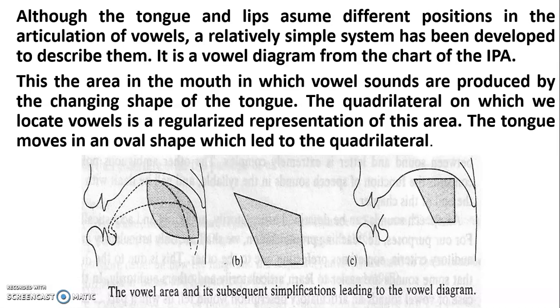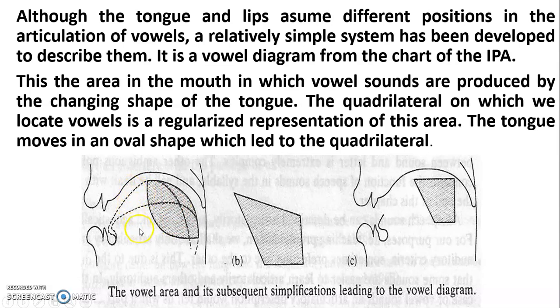Of course, this diagram is imaginary. So we have to imagine that inside our mouth, our tongue will move up and down, backwards and forwards to produce the different vowels without making any contact with any articulator.